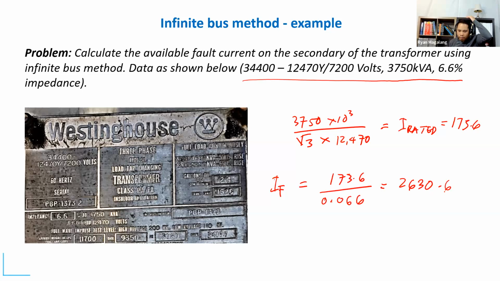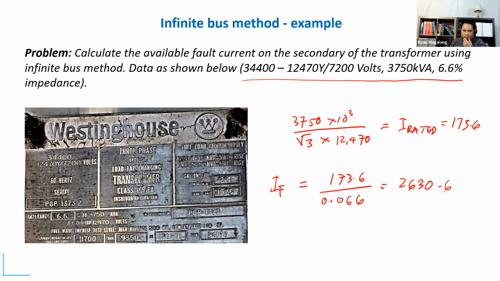You can see that in this calculation, unlike the previous one, we did not include the utility impedance. We assume that the utility impedance has no value, right? Zero impedance.